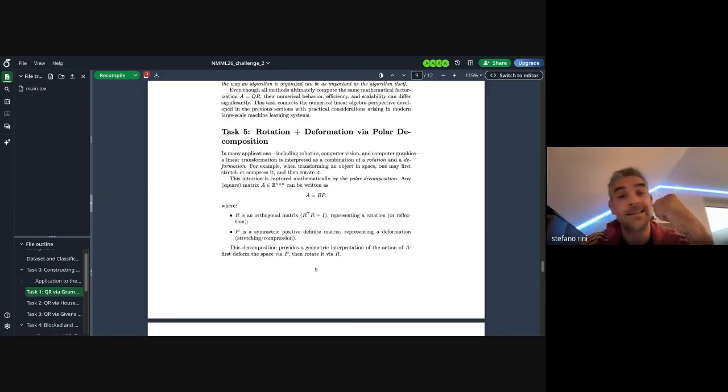Another application where this decomposition is very important is robotics. Maybe you have some kinematics, and you have inverse kinematics. You know the final pose of the robot arm, and you want to represent this as a set of rotations and transpositions.